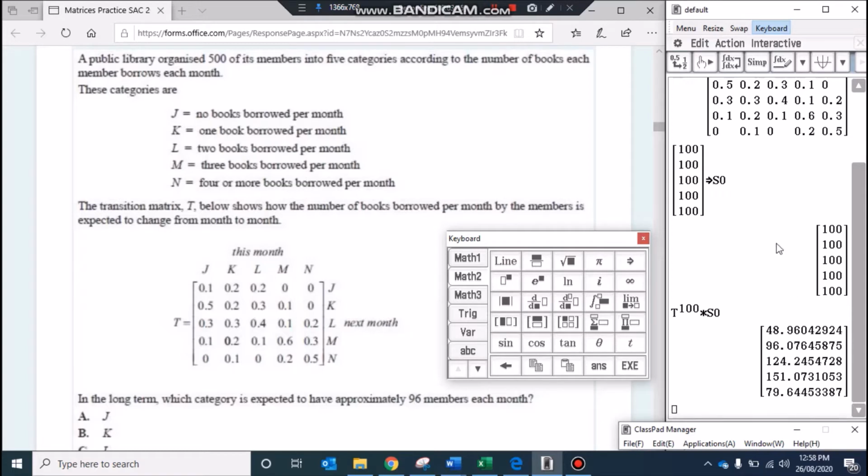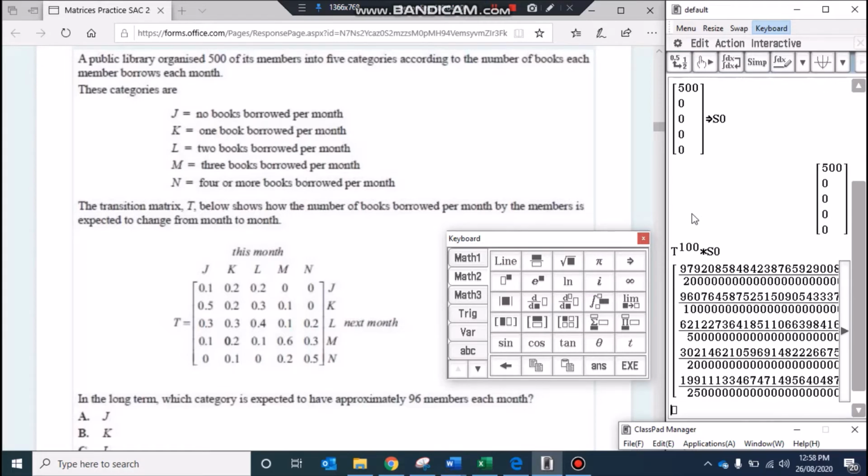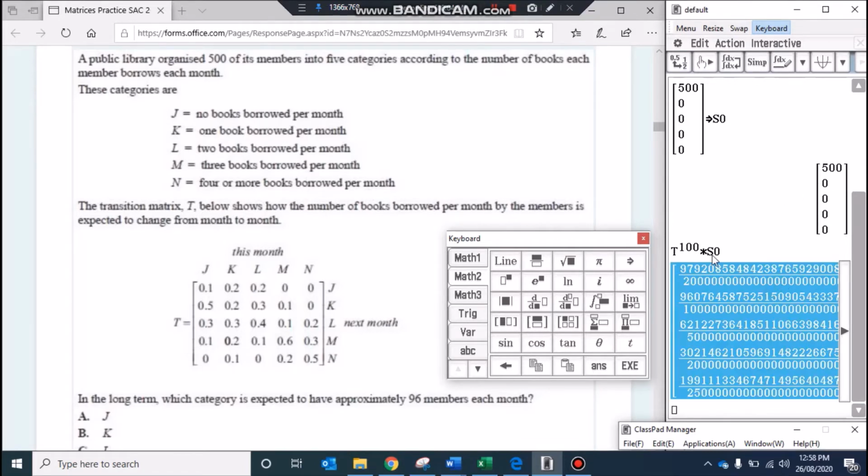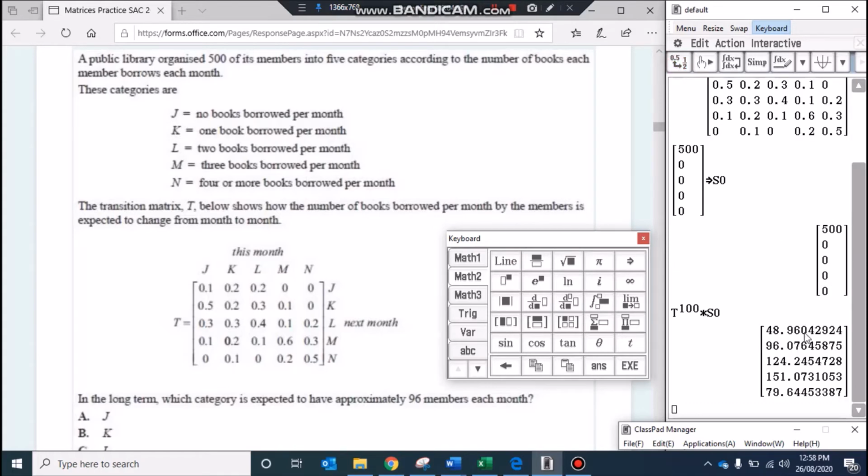All right, but what if they weren't distributed evenly? What if, let's say, at the beginning, all 500 members were in one of the groups? So what happens there? If I redefine S0, it's automatically going to redo this calculation as well. And we actually got the exact same steady state matrix.